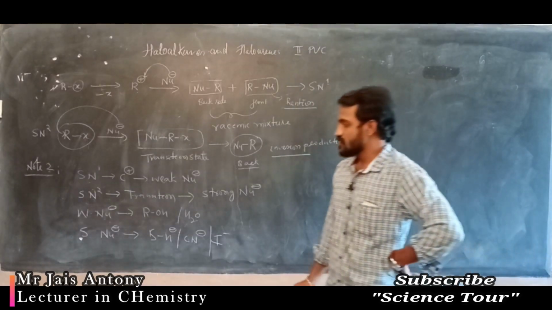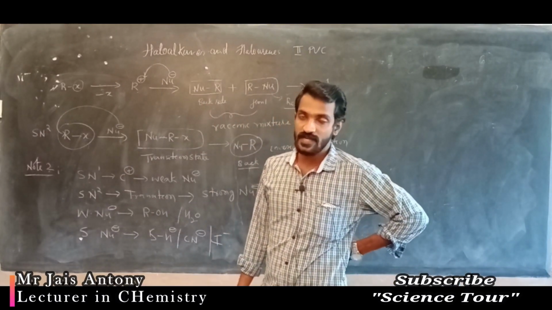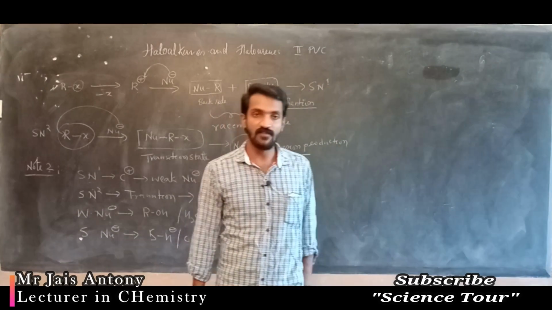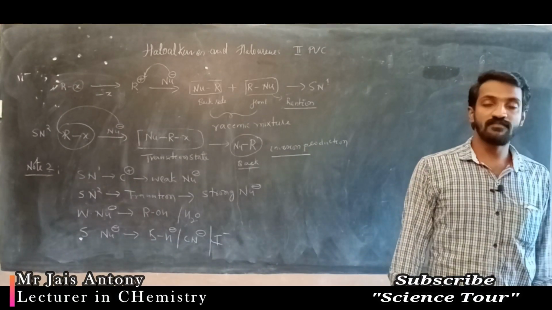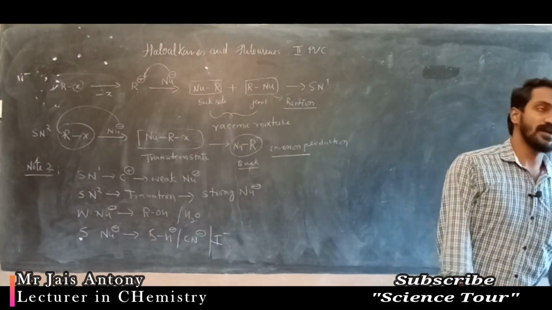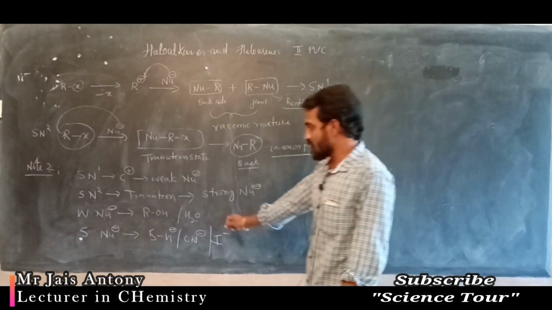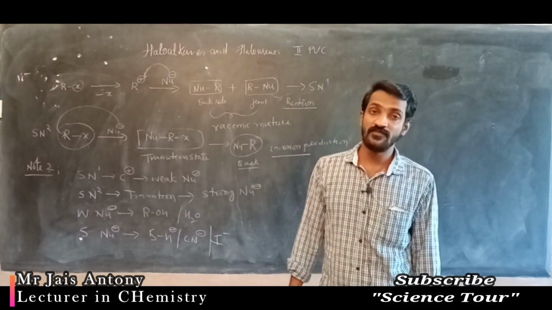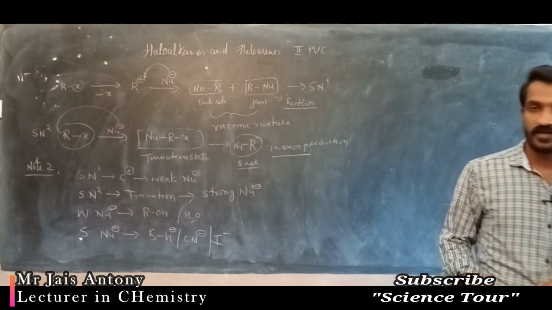Remember this: ROH, alcohol or water, is called a weak nucleophile. Strong nucleophile means sulfide SH minus, cyanide CN minus, and iodide I minus. So by seeing these reagents, you can identify whether it is an SN1 reaction or an SN2 mechanism. Understood? No doubt.